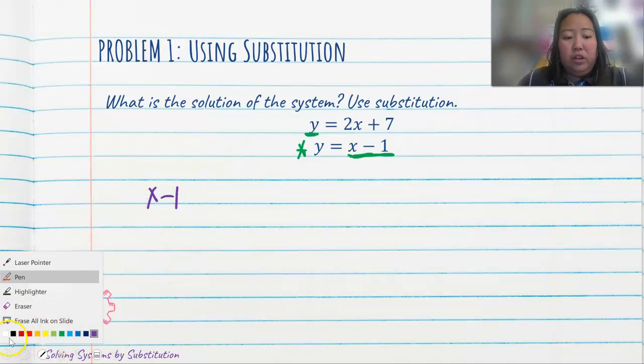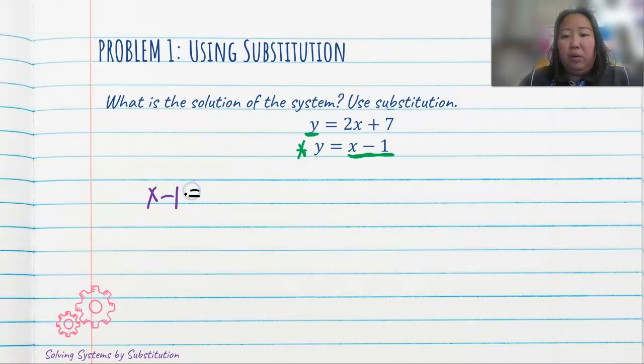And then the original expression, that is our y, 2x plus 7. So can we combine like terms? Yes, we can move all the x's together and all the constants together. All right, so what we can do is we can move this x going this side, so minus x minus x, so you'll have negative 1 is equal to x plus 7.